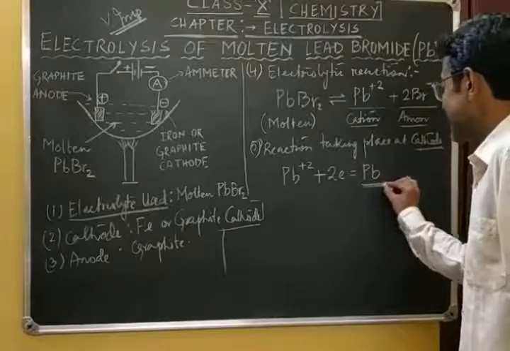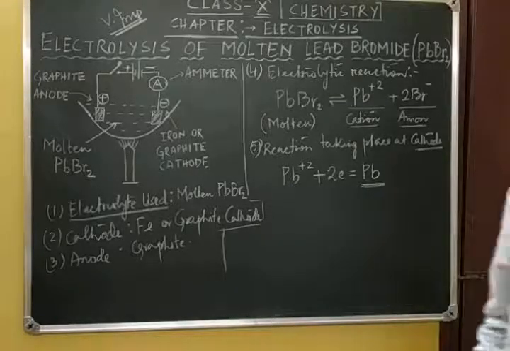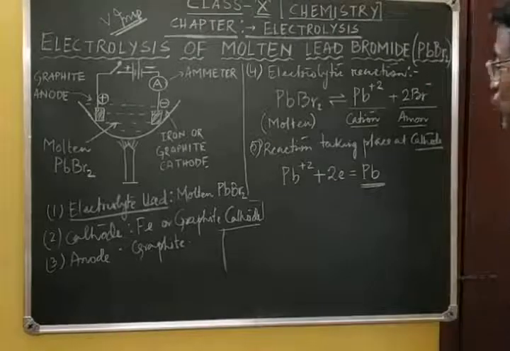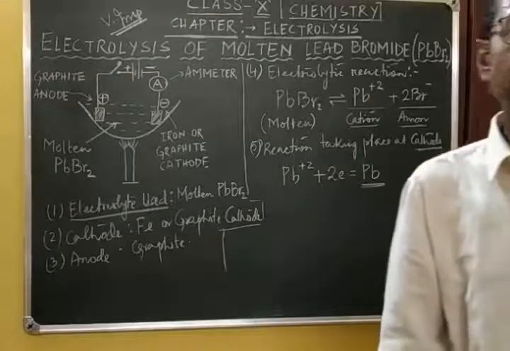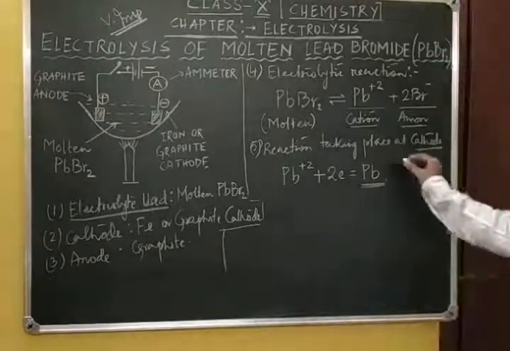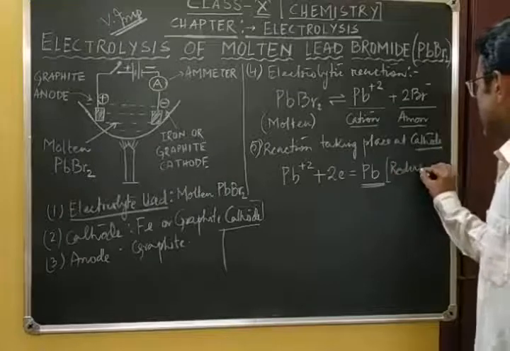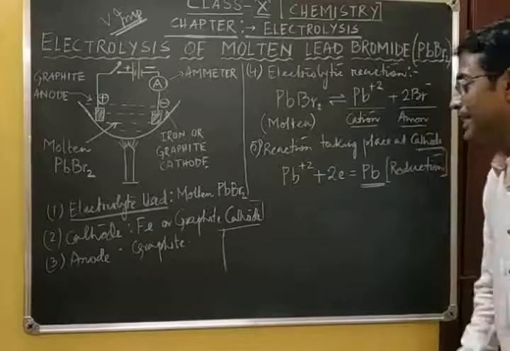This is the reaction which takes place at the cathode. And we all know when any element accepts electrons, the reaction going on is reduction. Loss of electrons is oxidation, gain is reduction. So here reduction takes place. If you are unable to remember, there is no need to write the word reduction.